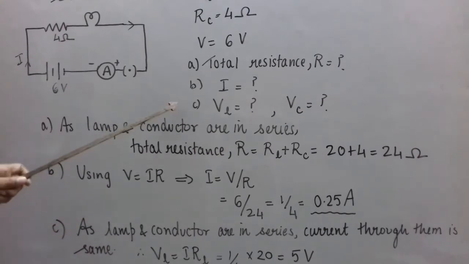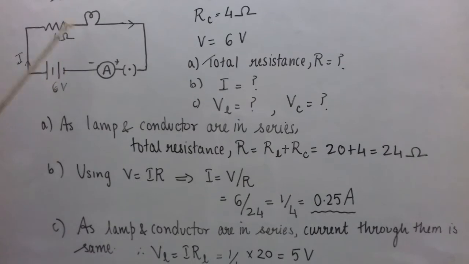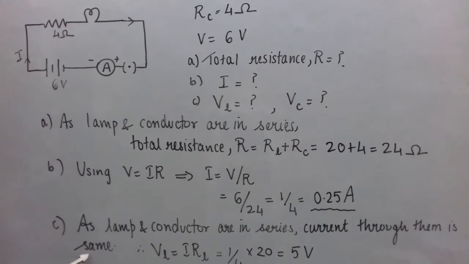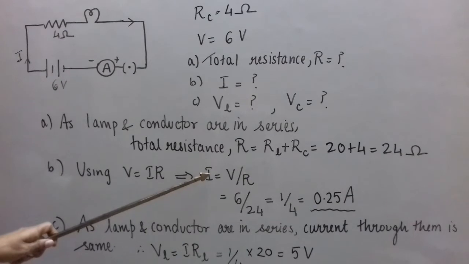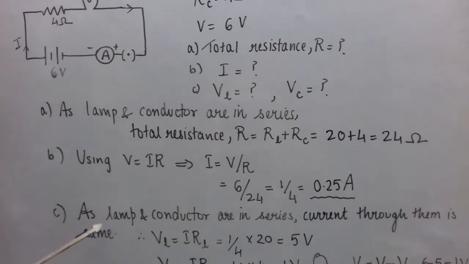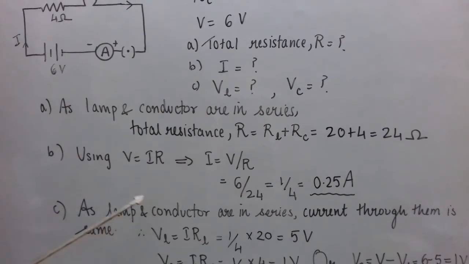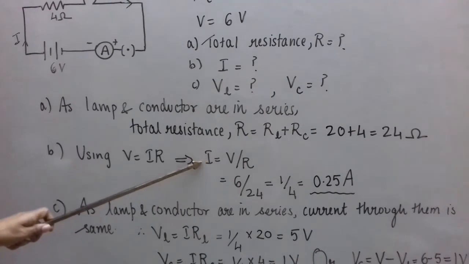Now the C part is, you have to calculate the potential difference across the lamp and the potential difference across the conductor. Now we know that they are connected in series, so current through them is the same. This is the current in the circuit, as well as the same current flows through each of the two components. So we can use Ohm's law for lamp and conductor separately, keeping the current value constant, which we have found just now.